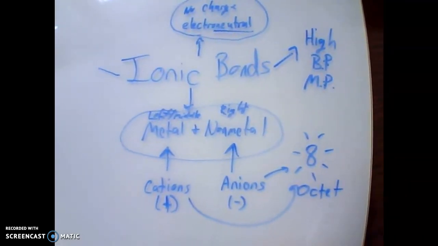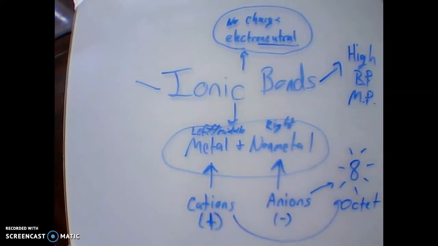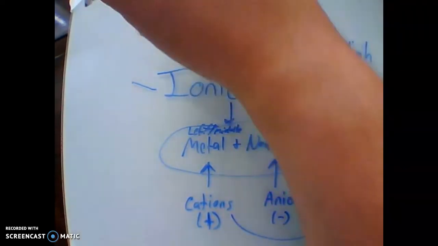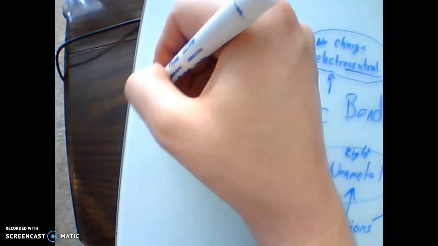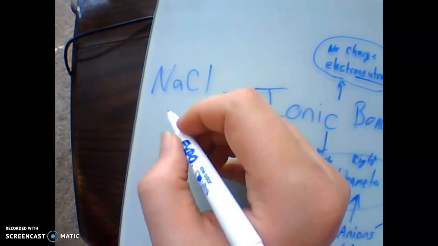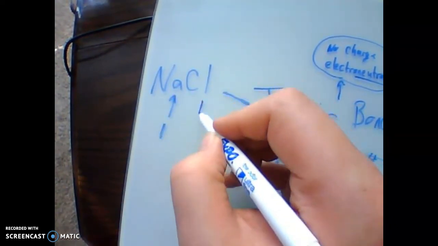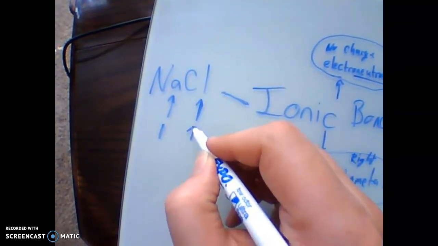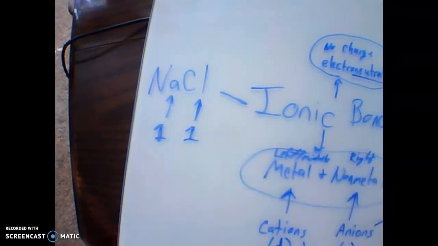Chemical formulas of ionic bonds are always used to say how many atoms we have. So when we're writing out an ionic bond, I'm going to use sodium chloride, just like in my other video. With sodium chloride, we're saying we have 1 sodium and 1 chlorine inside of this ionic bond.